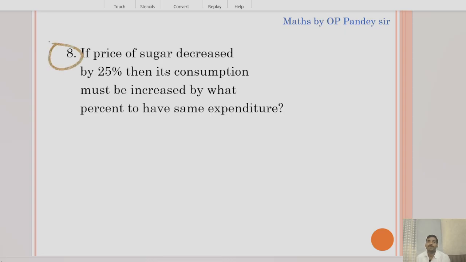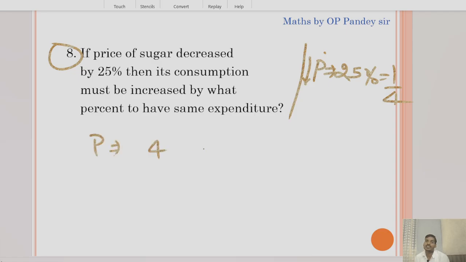Next question: if price of sugar decreased by 25%. See, this time price decreased by how much? 25%. This is 1 divided by 4. If initial price is 4, then present price becomes how much? 3.